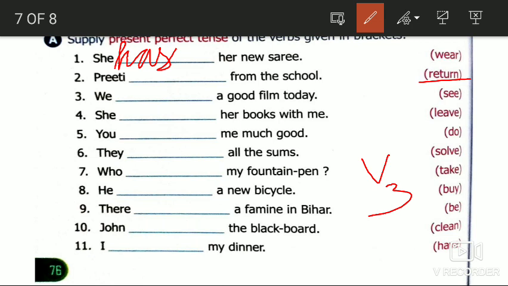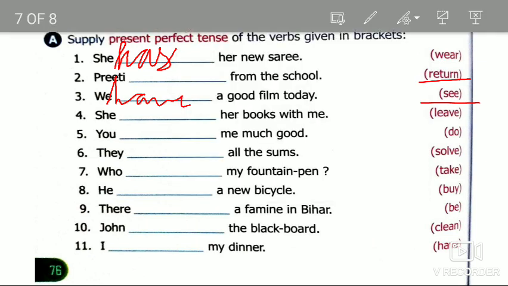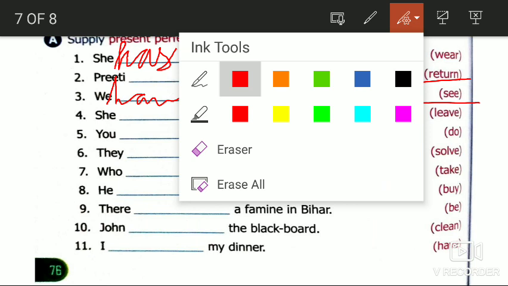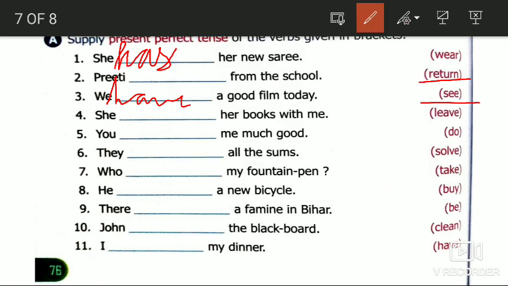Number 3, we dash a good film today. We is plural, so you have to add have. We have see. How will you write? See is the first form of verb.